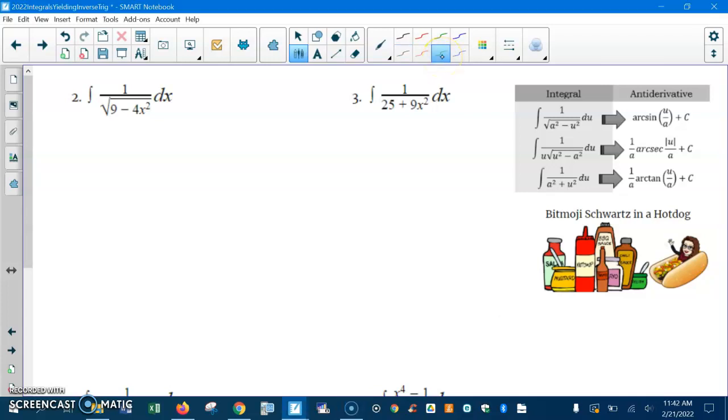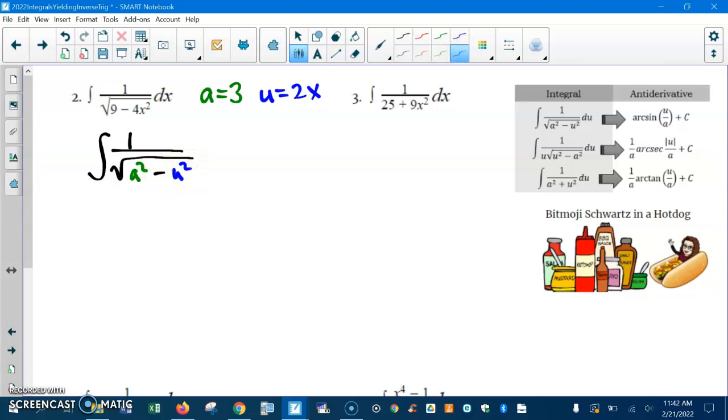So if my constant is a equals 3, again, because a squared equals 9, and my variable u is 2x, because u squared is 4x squared, then I can see that I have the form of 1 over the square root of a squared minus u squared.